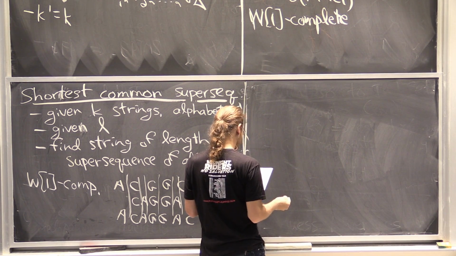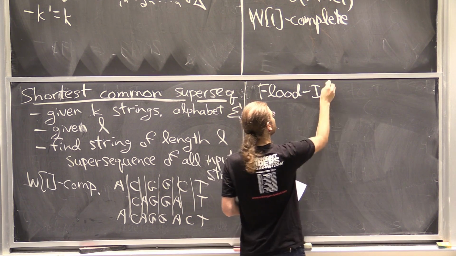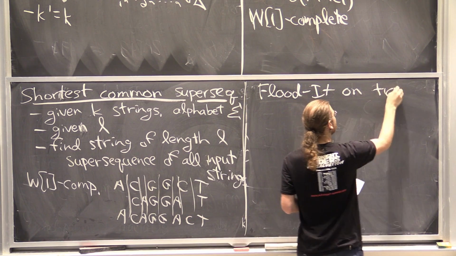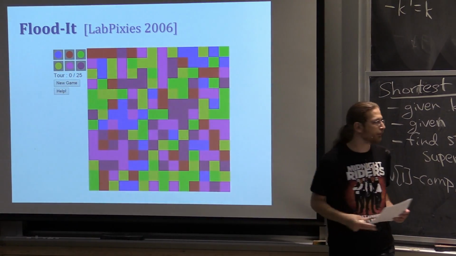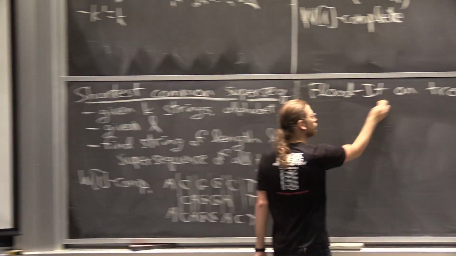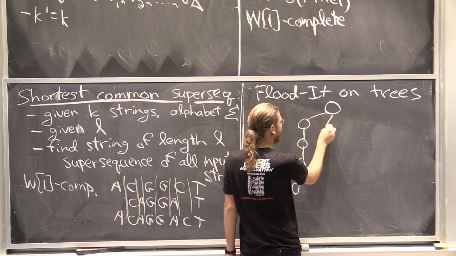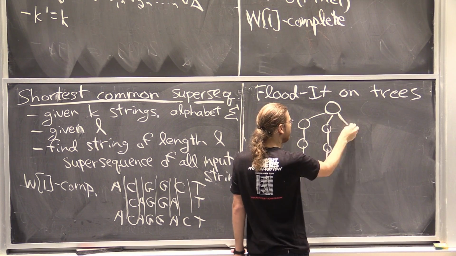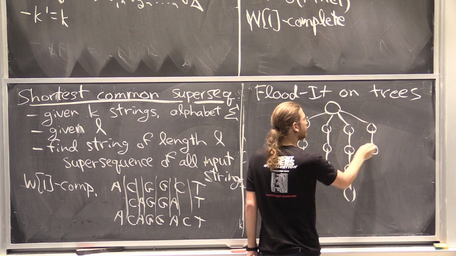And so this is Flood-It on trees. Same setup, but instead of being a square grid graph, I'm on a tree graph. And the root of the tree is the one I can control. My tree is going to look like this, and so on.